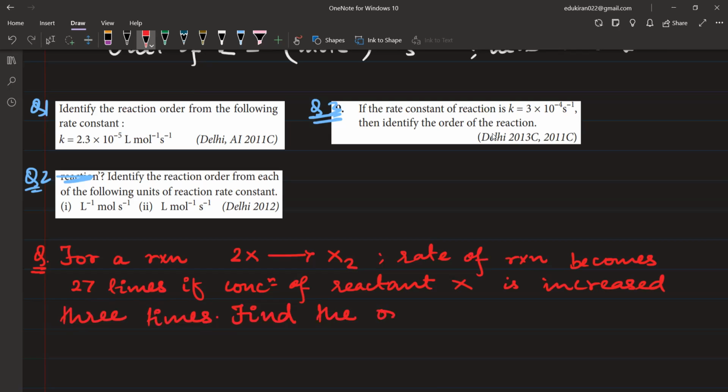Find the order of reaction. Yeah, now it is correct. Okay.